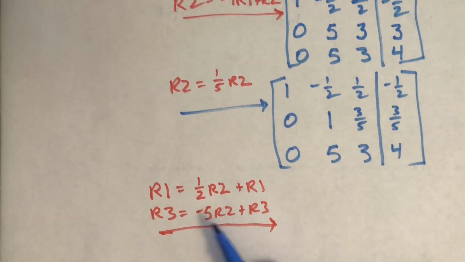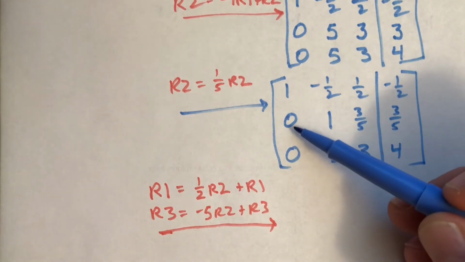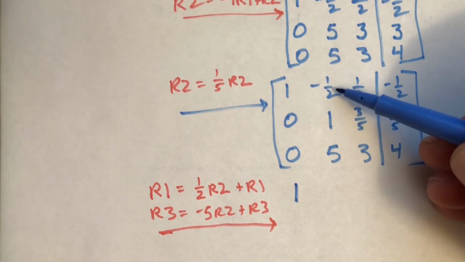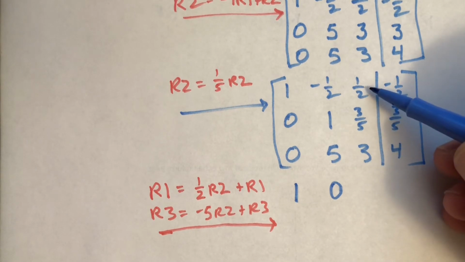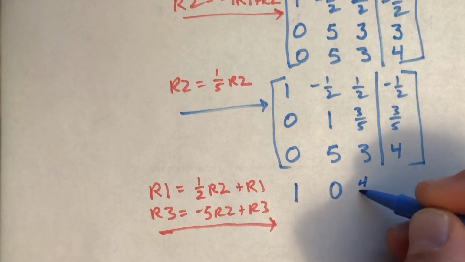Okay, so row 1 is changing. We're taking 1/2 times row 2, adding it to row 1. So 1/2 row 2 is 0, plus row 1, that's a 1. 1/2 times this plus this would be 0. 1/2 of this is 3/10. 3/10 plus 1/2 is 3/10 plus 5/10, so that's 8/10, which is 4/5.